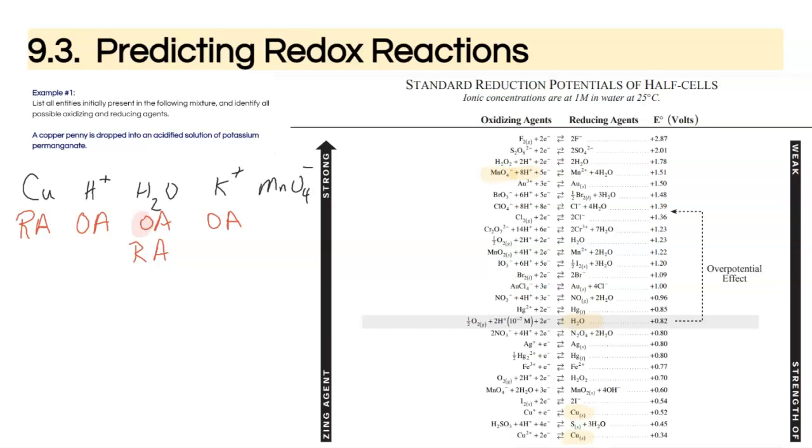So I just need to make sure if I select that reaction that the hydrogen ions are actually part of the reaction mixture, and they are. It's acidified, so I can select that. But I also do see it somewhere else, which is a little bit down here with my water, but I never see it on the reducing agent side, and so I feel safe to say that it is an oxidizing agent.